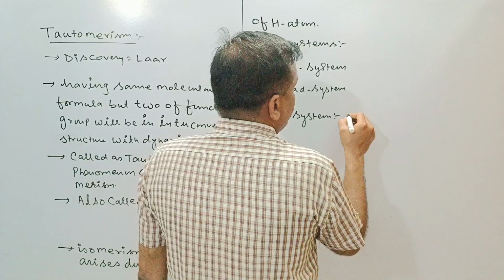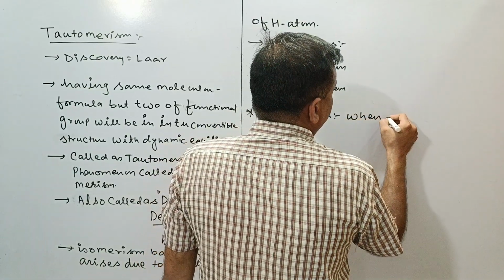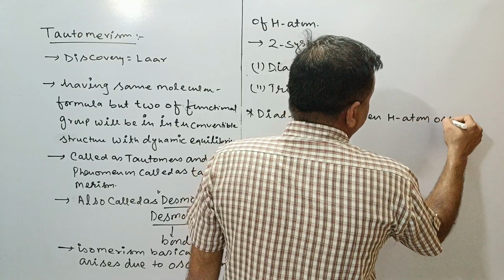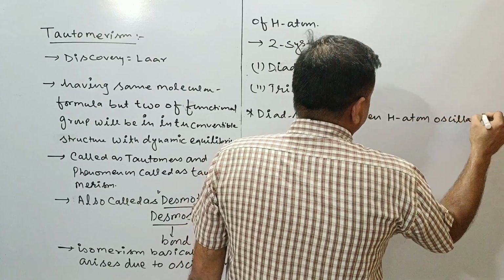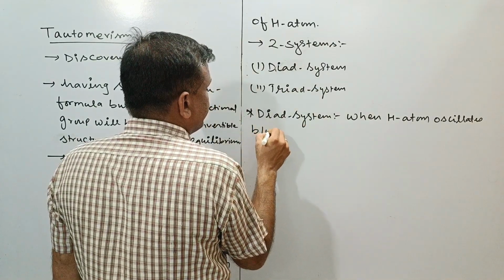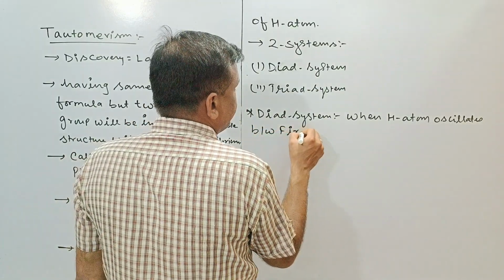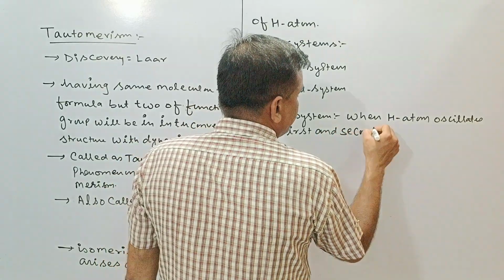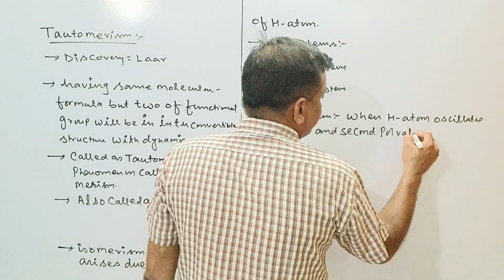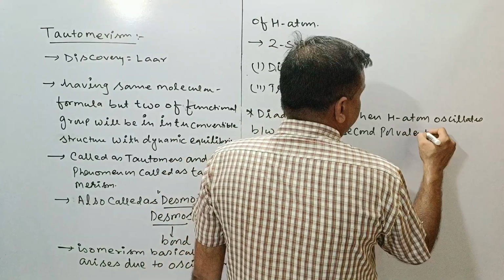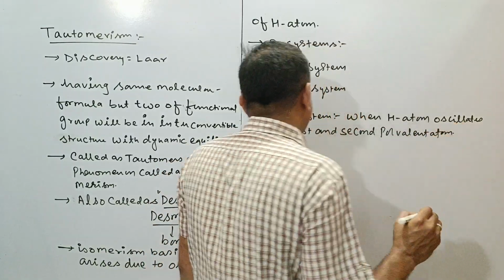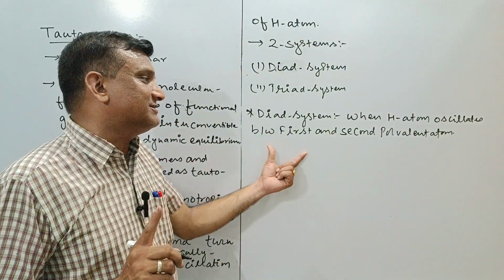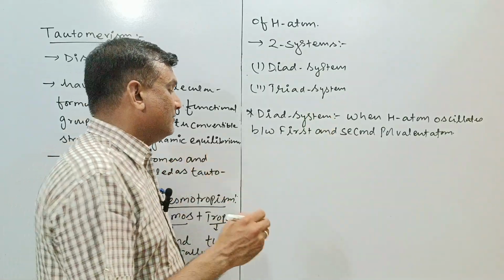We can say when the hydrogen atom oscillates between the first and second polyvalent atom. In the diad system the hydrogen atom will migrate, just oscillate, between two polyvalent atoms.